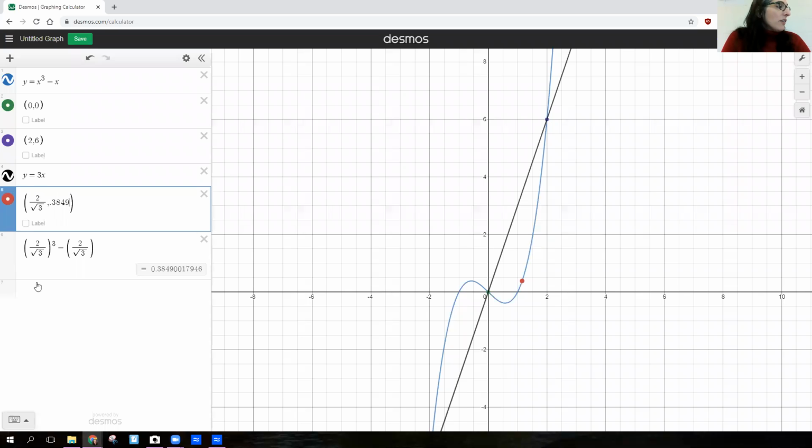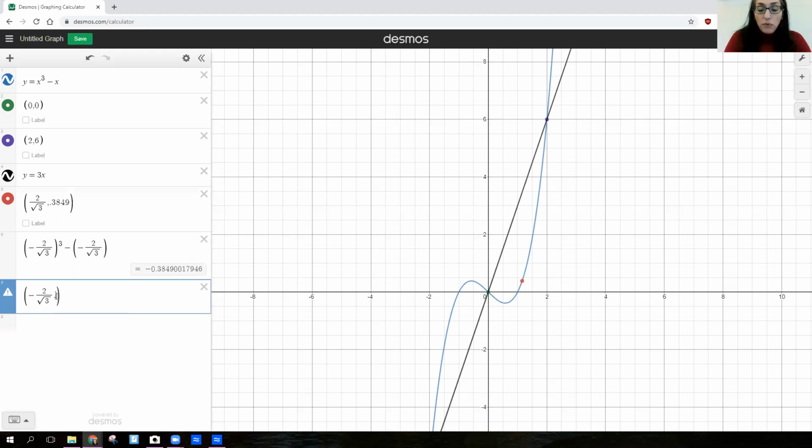And then the other point would be negative 2 over the square root of 3, comma, let's see here, if I put a negative sign, what's all gonna happen here? Not much. It's negative 0.3849.